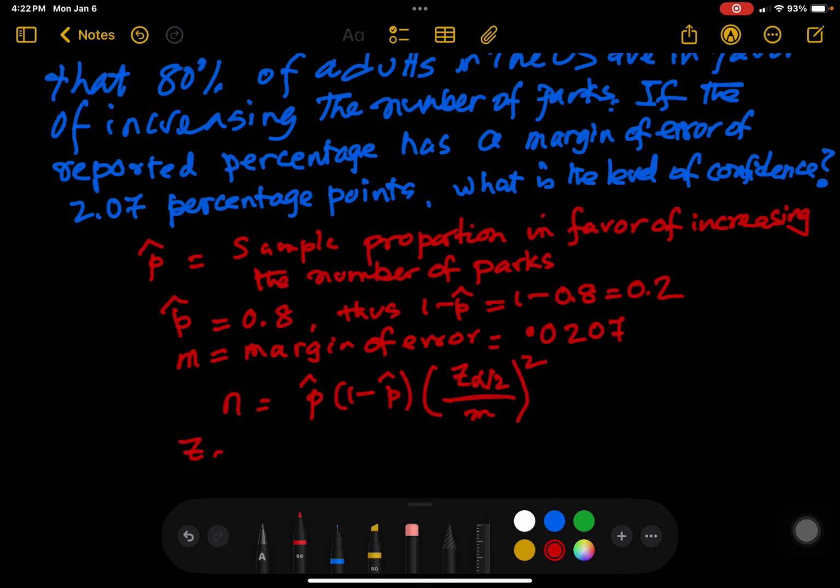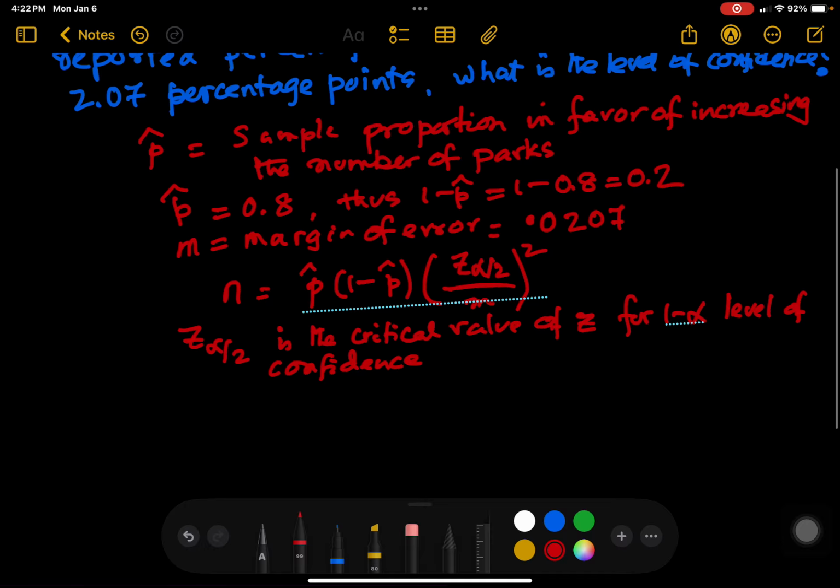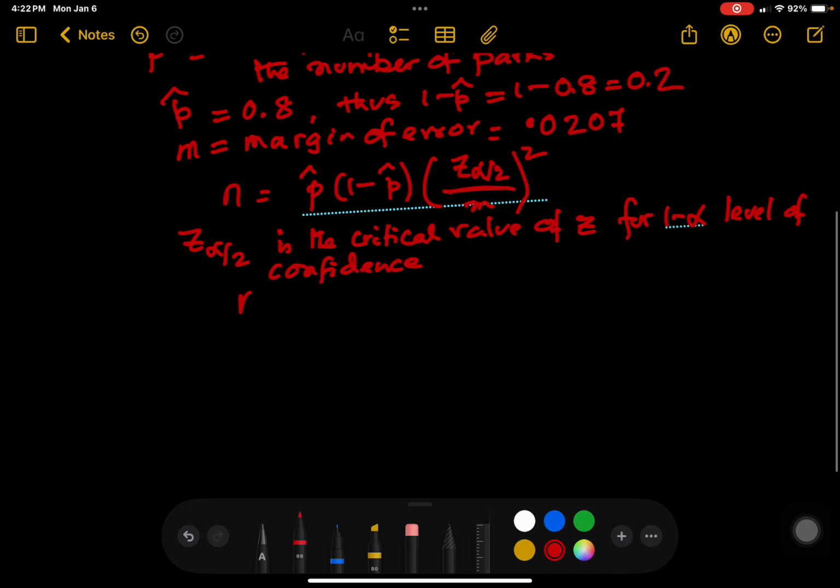Now Z alpha by 2 is the critical value of Z for 1 minus alpha level of confidence. And n is your sample size, which is given to us as 1,000.